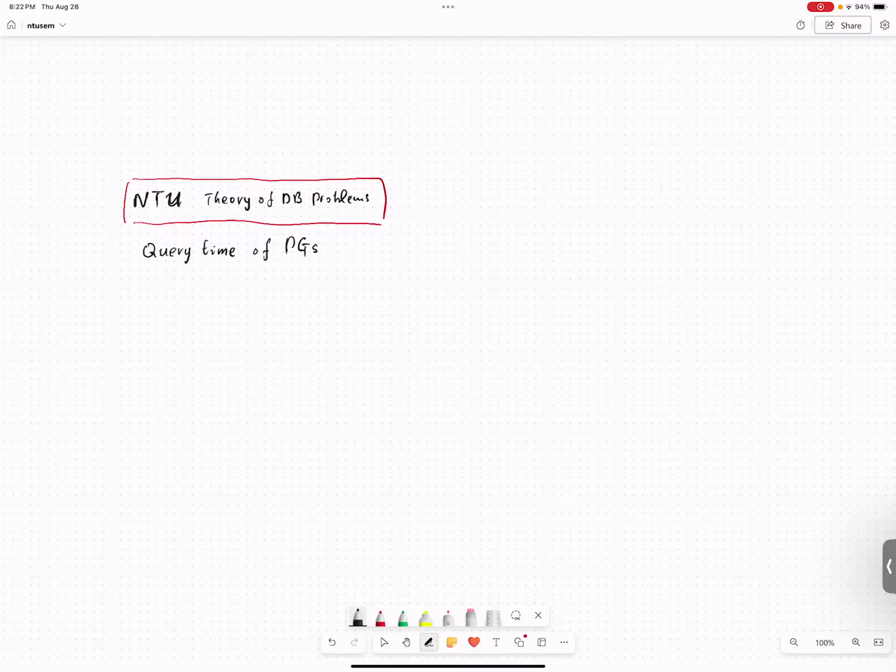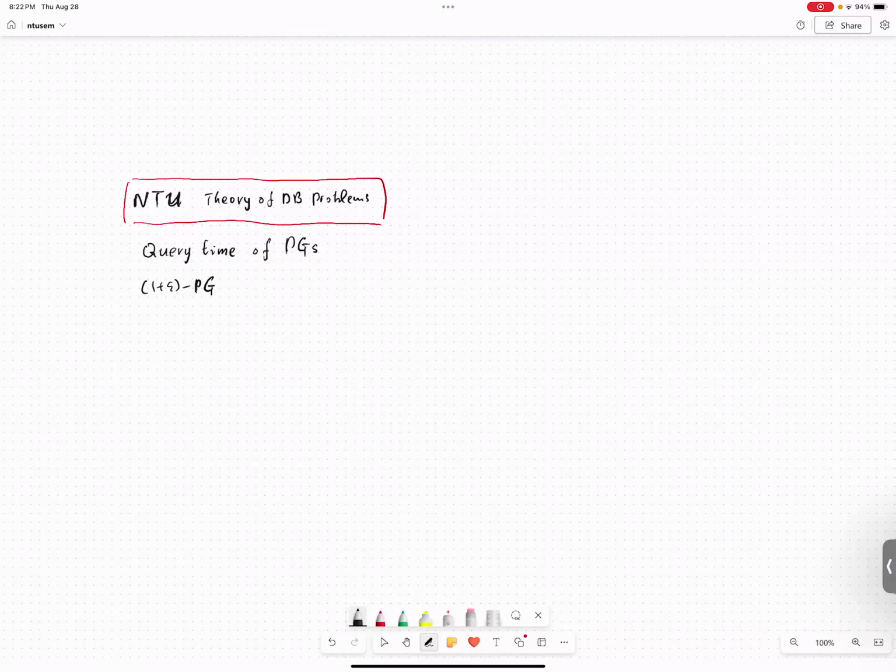So far we have not really formalized the notion of query time of proximity graphs yet. I have already explained what a 1 plus epsilon proximity graph is: a proximity graph on which the greedy algorithm always returns a 1 plus epsilon approximate nearest neighbor.